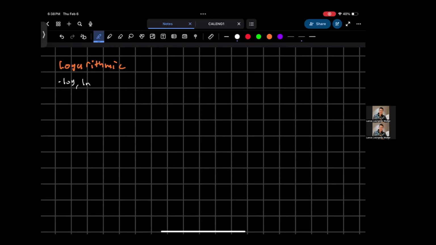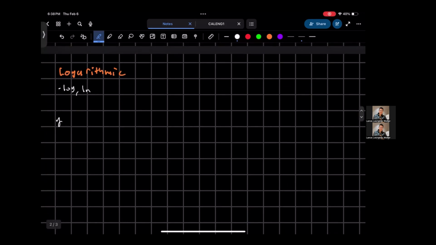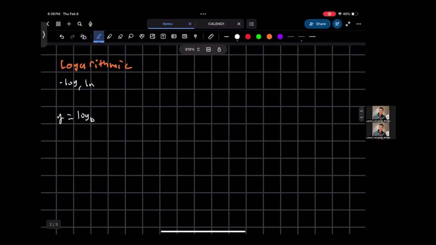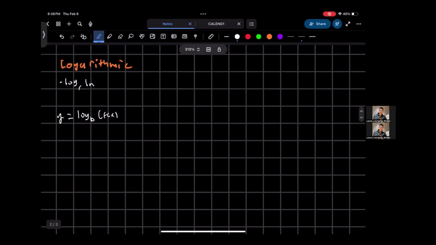Okay? So let's start with y is equal to logarithm of your base. Remember, you have a base times your f of x. So this is the basic form of a logarithmic function, right? Now, in order to get the derivative, your y prime is simply just equal to the derivative of your inside function here all over just your inside function once again.